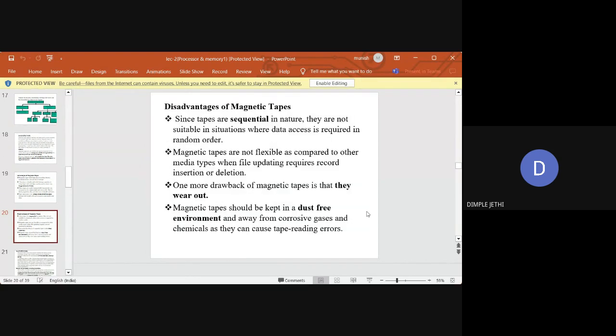What is offline, and what are the disadvantages of magnetic tapes? Anyone? Yeah, search of data is very slow, and they are sequential in nature. Accessing information is slow, so you cannot go to your data directly.